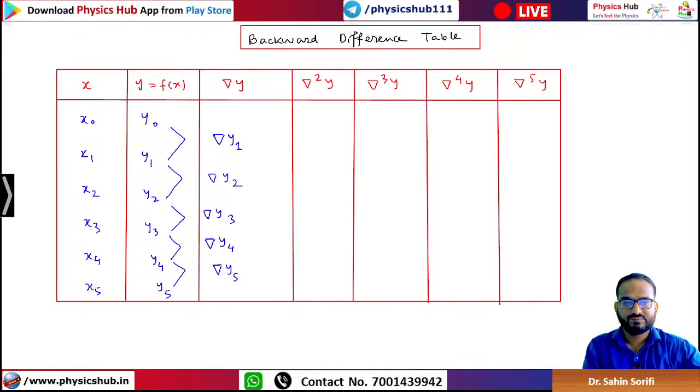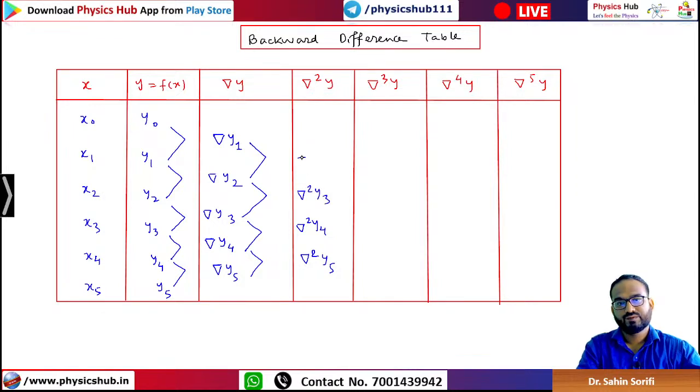Try to observe these fine differences. Next, from these two you will get nabla y5 minus nabla y4, which is nabla square y5, nabla square y4, nabla square y3, nabla square y2. From these you will get nabla cube y5, nabla cube y4, nabla cube y3.